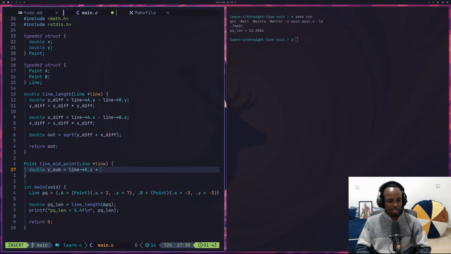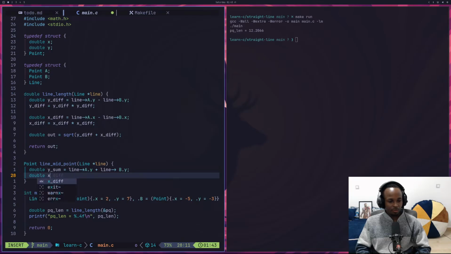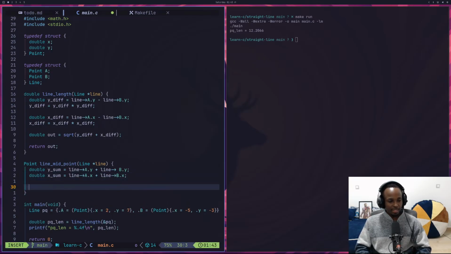And then we're going to add the same line, access the real value of b, then give me the y coordinate. So that's going to give me the sum of the y values. Then we do the same for x. So we take line, I want you to access a, but this time give me x, and then plus the same line, I want you to access b, and then this time give me x. And now we have the sum.